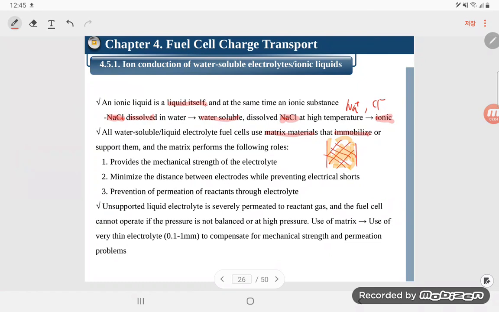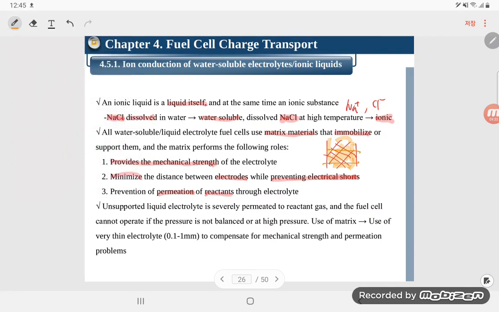So the role of this one is providing mechanical strength, right? Mechanical strength, and minimizing the distance between the electrodes while preventing the electrical short, preventing the short circuit, and preventing the permeation of the reactant through the electrolyte.